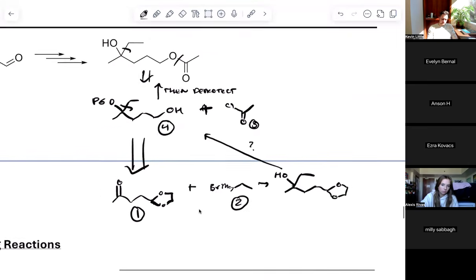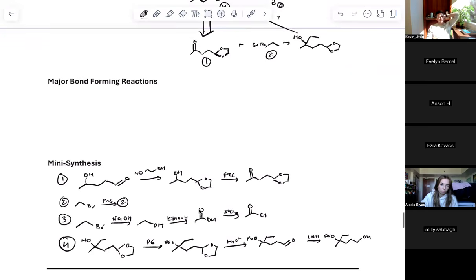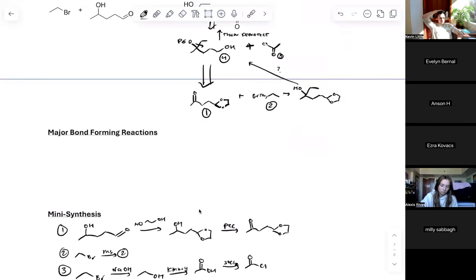Yeah, to be honest, as we get more complicated, this distinction between major bond forming reactions and mini synthesis falls apart. That's fine as long as I can follow what you're trying to communicate. Okay, got it. Thanks. Yeah, that's a good question. And honestly, at a certain point, people just write this all forward, you know?